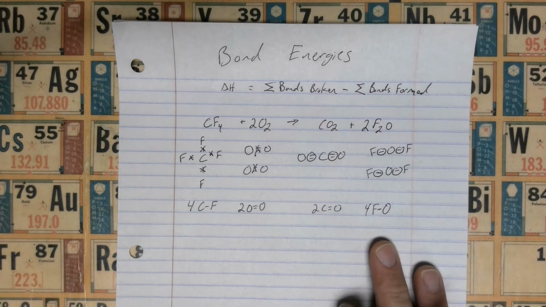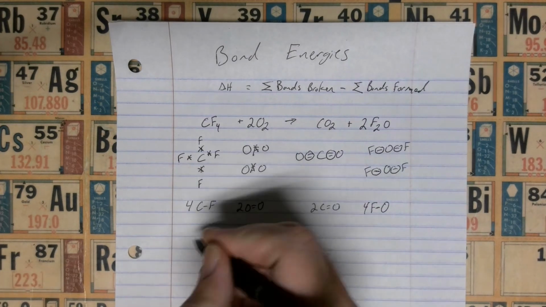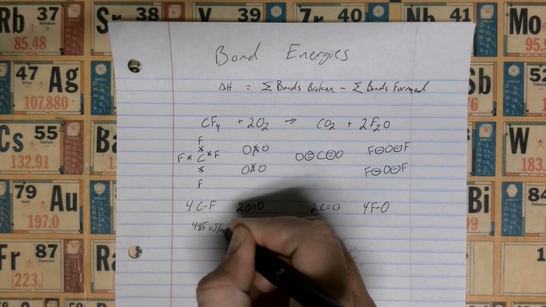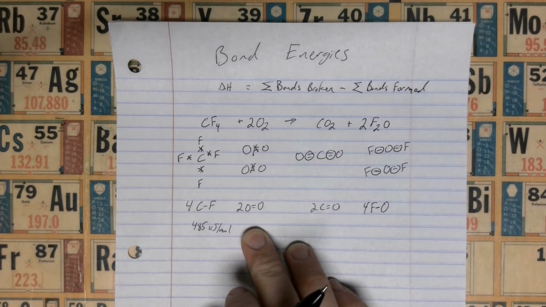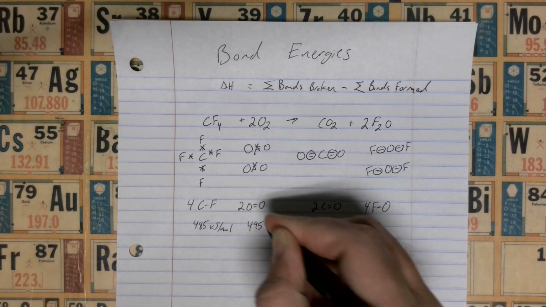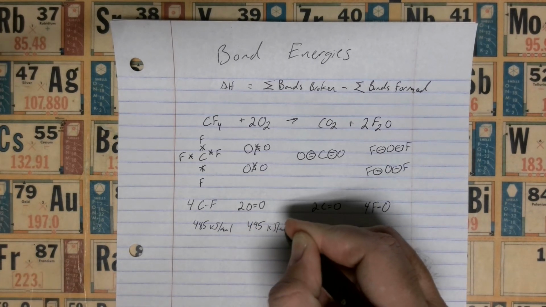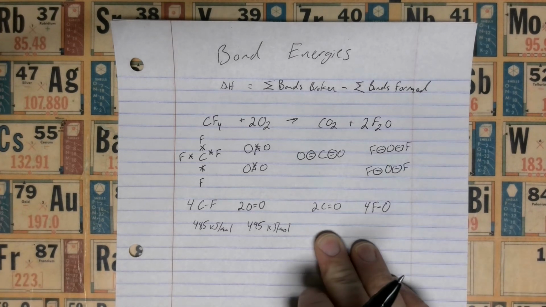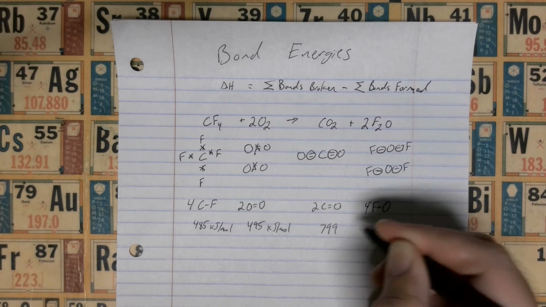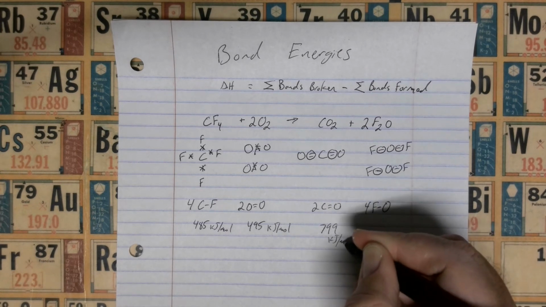So a CF bond is 485 kilojoules per mole. An O double bond O is 495. A C double bond O is 799 kilojoules per mole.